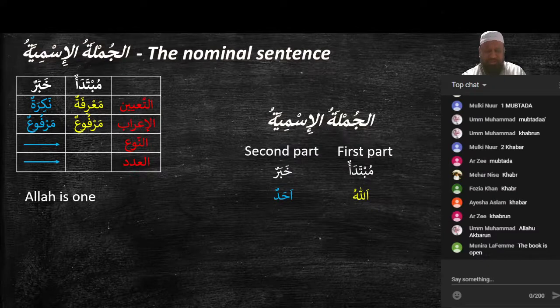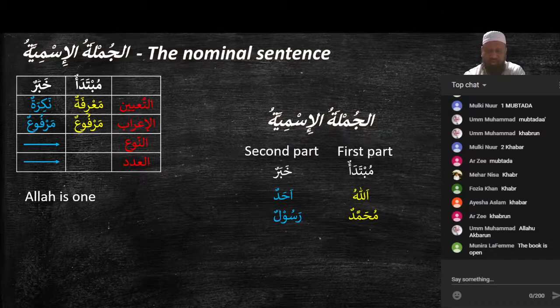Next sentence, let's see what word we have. Muhammadun. Apply the rule of mubtada. At-ta'yin is ma'rifa. Al-i'rab is marfu'. Muhammadun. We need the information, the khabar. Rasulun. The rule of khabar is nakira, and in marfu case. And in terms of an-naw, in gender, the word Muhammad is mudhakkar, so it has to match.